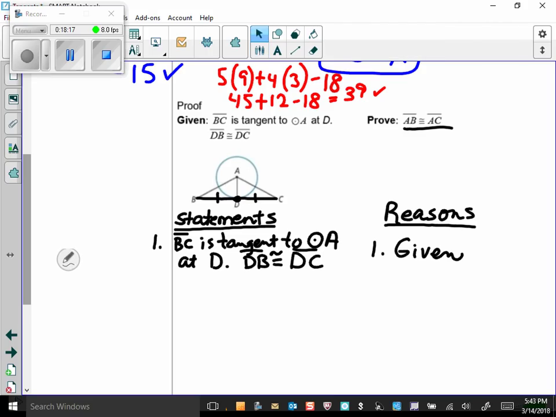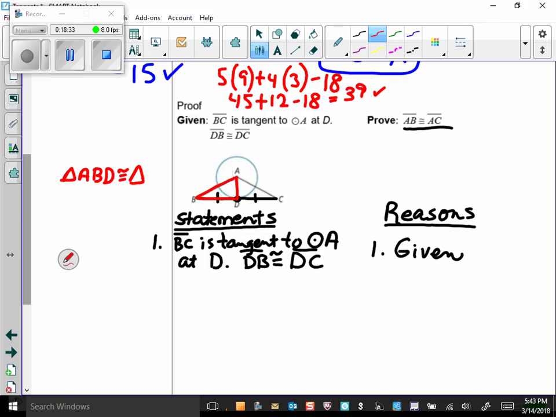So it looks to me like what I'm going to need to do is prove these two triangles are congruent, right? I got to try to show that triangle ABD is congruent to triangle ACD. That's what I need to prove. So how am I going to do that?